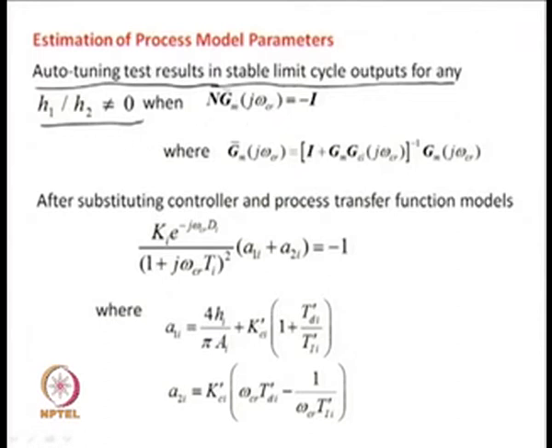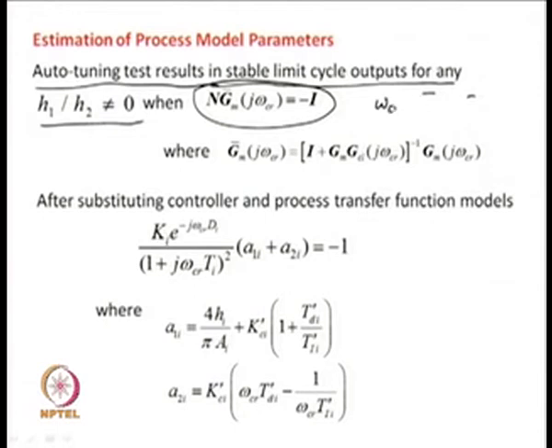Then, from the loop equation, the loop dynamics gives us the characteristic equation of the form I plus N GM bar(s) equal to 0, and that in the frequency domain can ultimately be expressed in the form of N times GM bar(j omega CR) equal to minus I, where omega CR is the loop frequency.